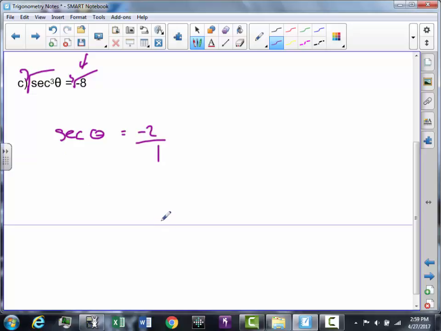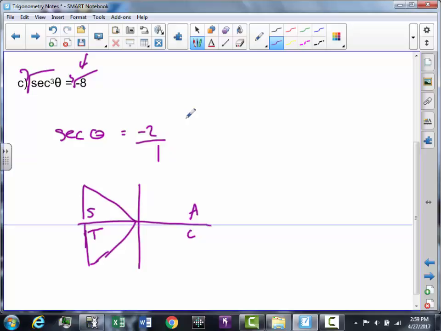I know that secant is equal to negative 2 over 1. And if I were to plot that, CAST, it's negative in this quadrant here. It's negative in this quadrant here. That's the hypotenuse over the adjacent. Then I have to go, hey, I know this triangle.